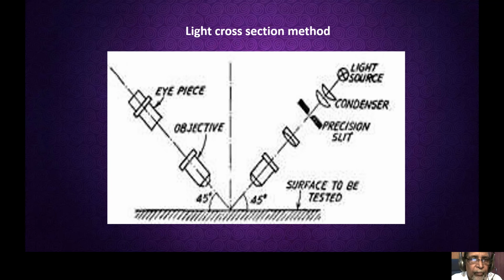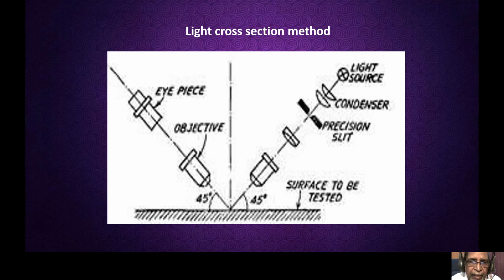We can see the details of the light cross section method. In this light cross section method, we have kept a surface here, and at the right side there is a light source.